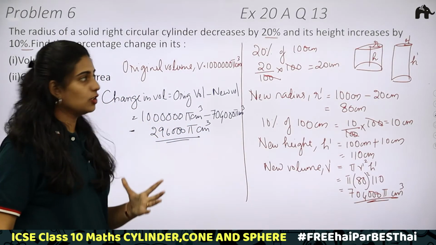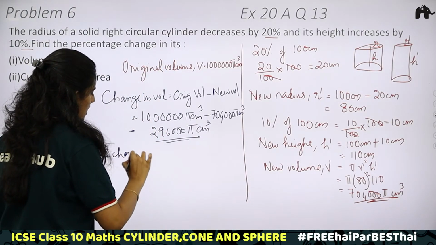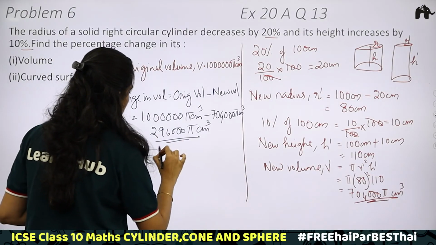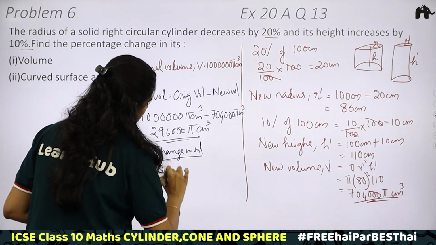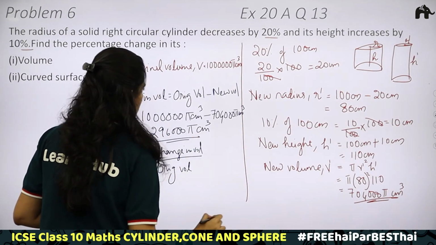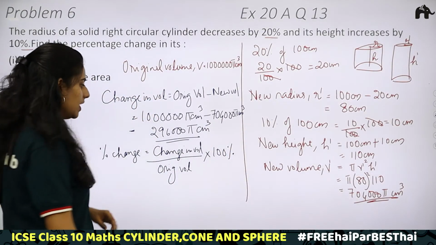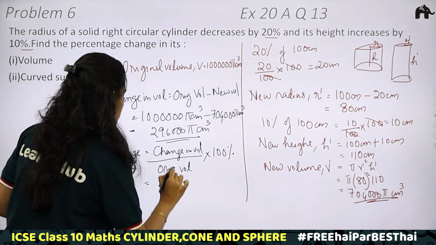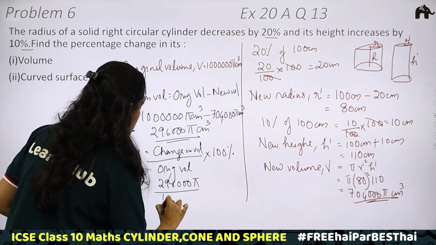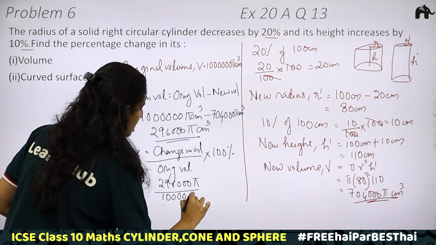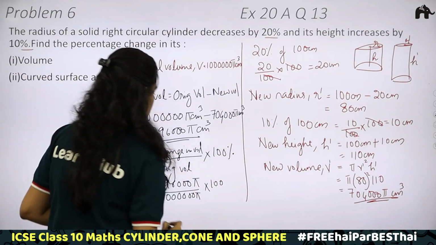Once you get the change in volume, you can find the percentage change. Percentage change will be equal to change in volume divided by original volume into 100%. Change in volume is 2,96,000 pi. Original volume is 10 lakh pi into 100.